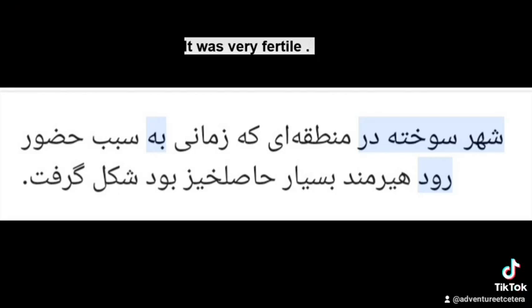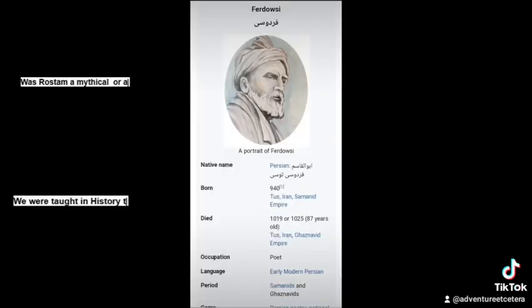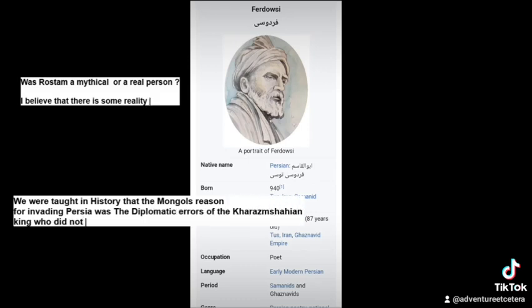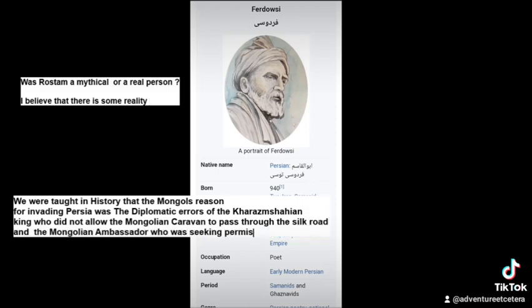And Shahr Sukhte was very fertile because the Helmand River was running close to the city, and the soil was very good for agriculture and civilization. Now, my question is, was Rostam a mythical or real person? I believe that there is some reality.